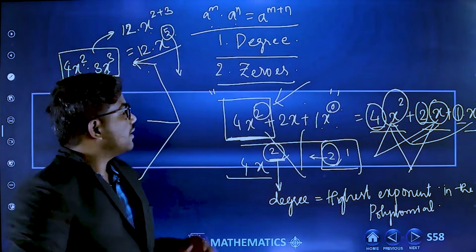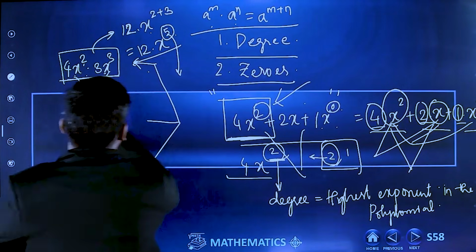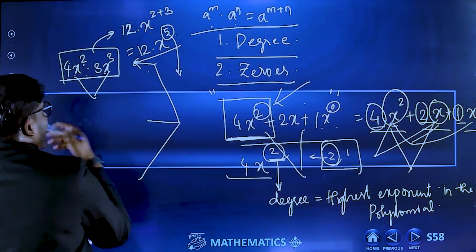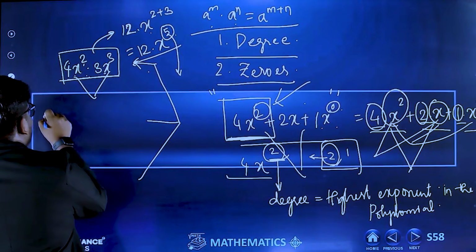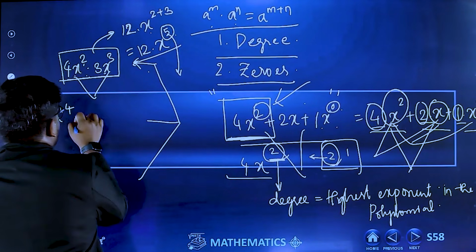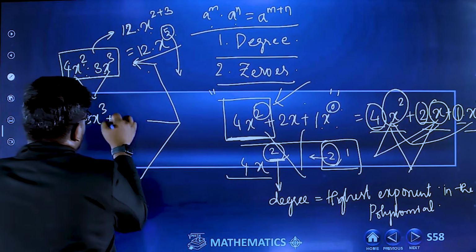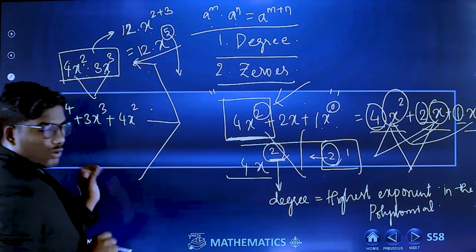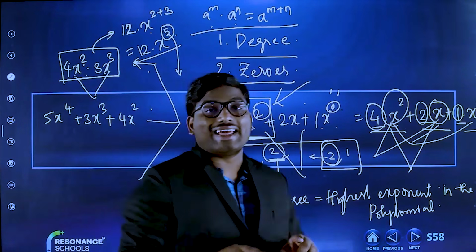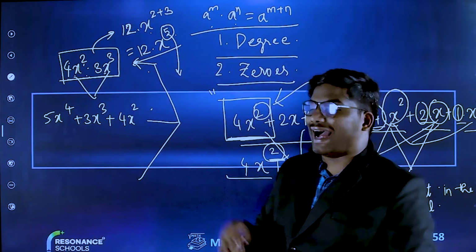Alright, now this is one kind of formation. The other one would be similar to this. Say 5x power 4 plus 3x cube plus 4x square. Now all of them are unlike terms and they are in addition, so they cannot be added.